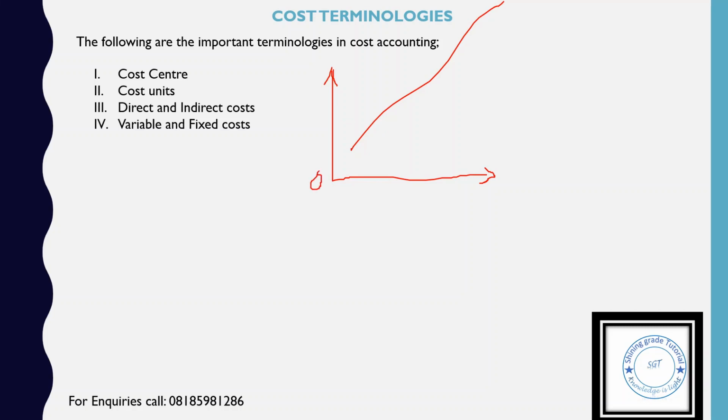As well, for fixed cost, what happens? They do not change with the level of activities. So we can have this for fixed cost, we can have this aspect here, and here we have cost.